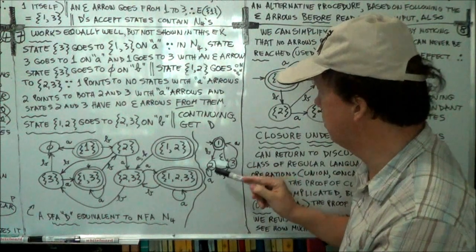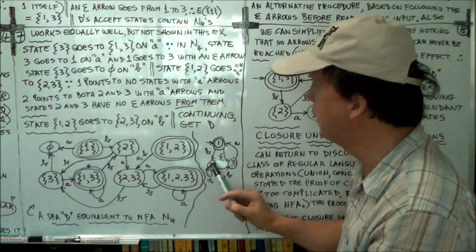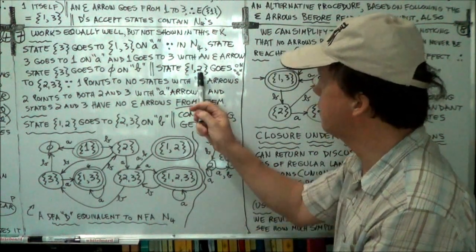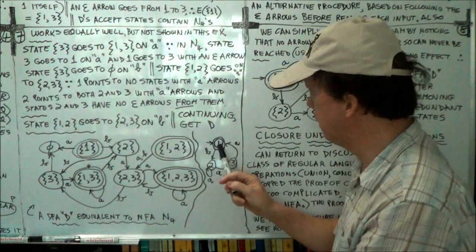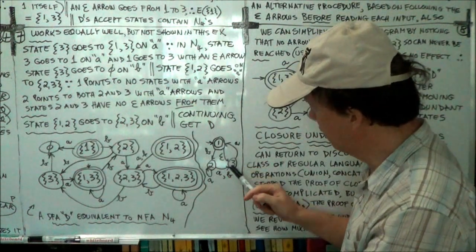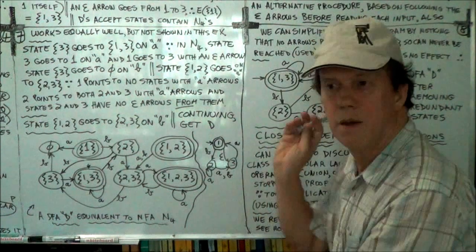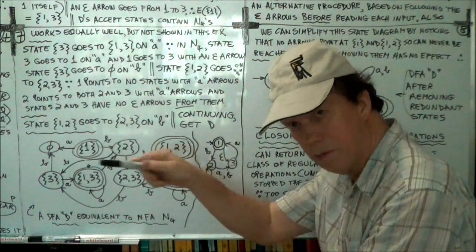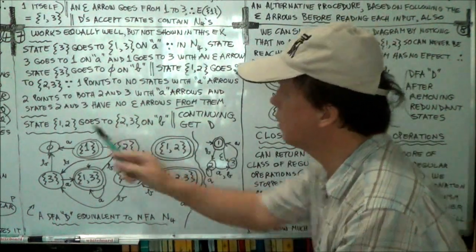The 2 came from here, it could loop back to itself, and this 2 leads to a 3. And the 1 here, with the eta arrow, gives you a 3 as well. So you've got 2 copies of 3 by using the union. We throw out 1 copy, so we're just left with 2, 3.